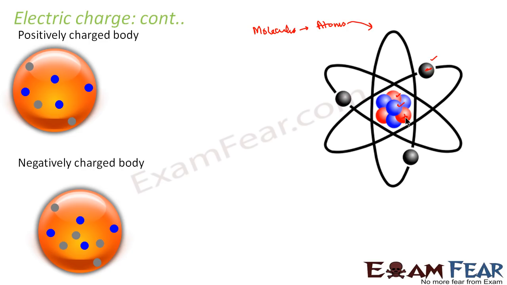So this is how we define that a body is positively charged or negatively charged. A body with no charge is known as neutral. It is neither positive nor negative.